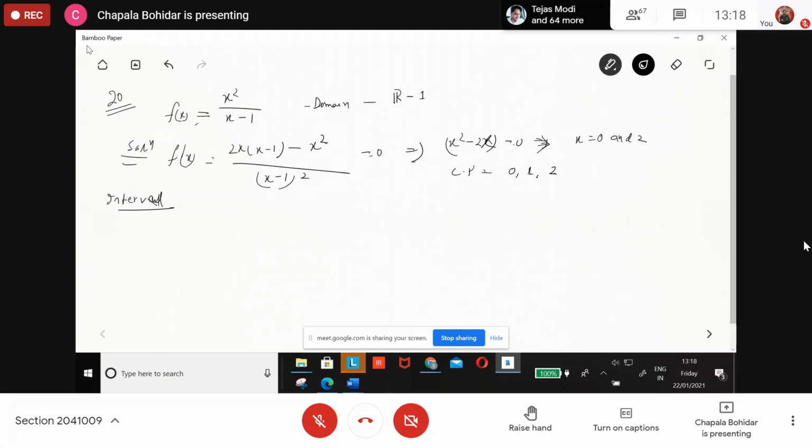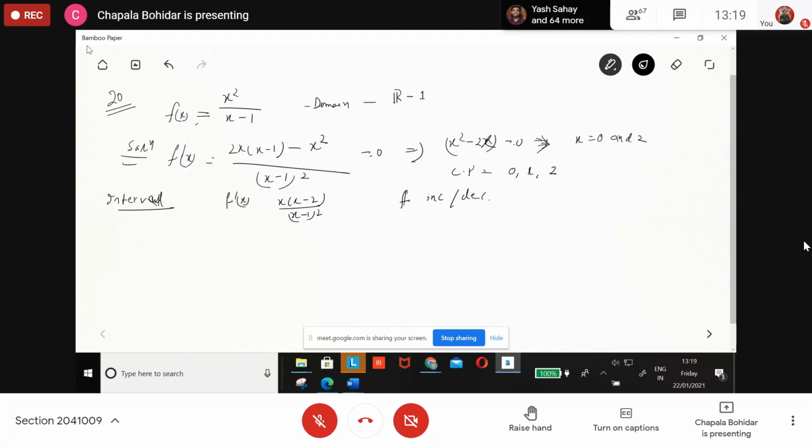Then f dash x is equal to x into x minus 2 divided by x minus 1 square. Then increasing or decreasing?